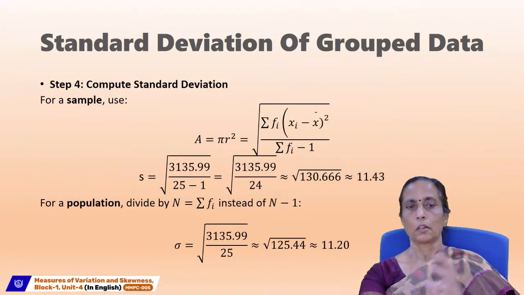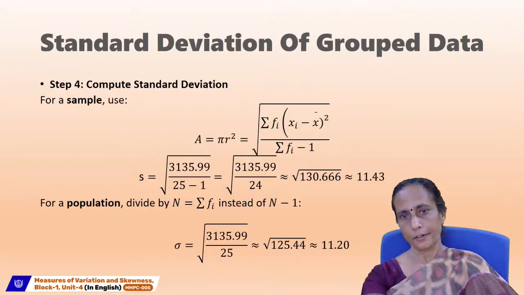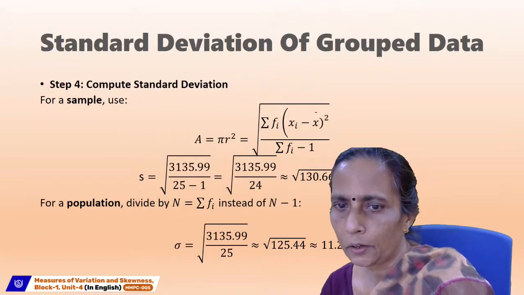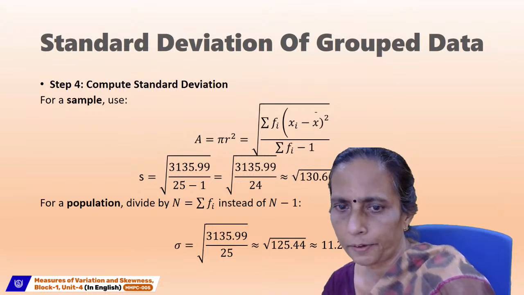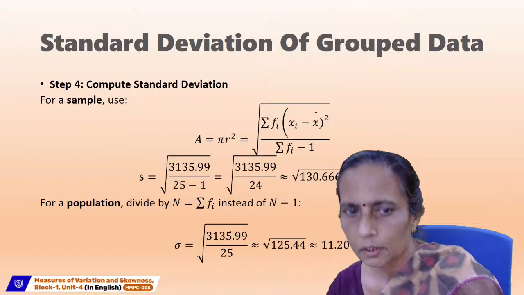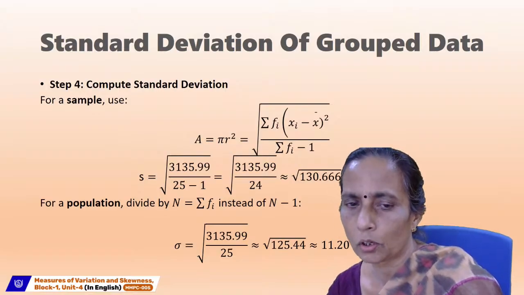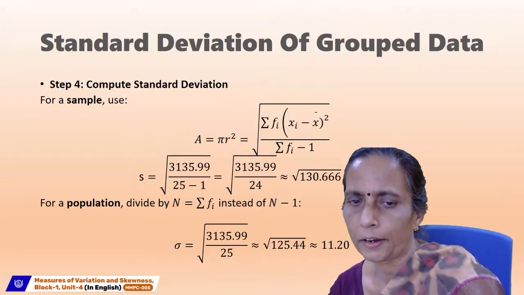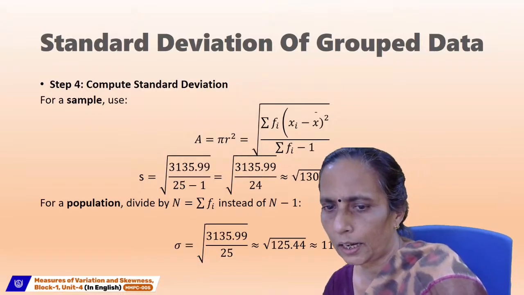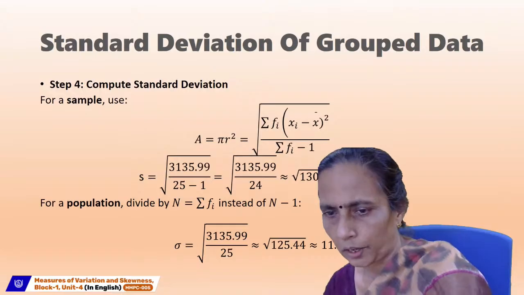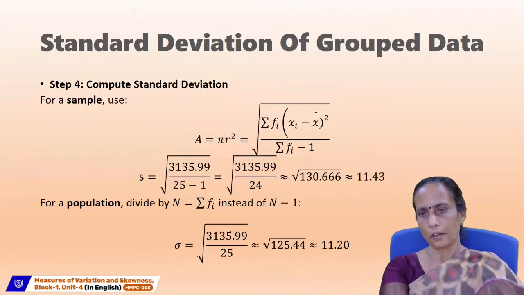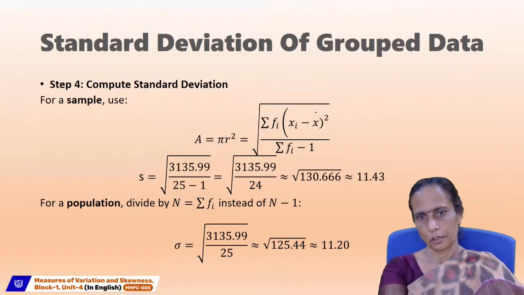Then compute the standard deviation, that is equal to the square root of Fi into xi minus x bar whole square divided by n minus 1, that is 3135.99 divided by 25 minus 1, which is equal to 130.666 square root, and approximately it will be 11.43.